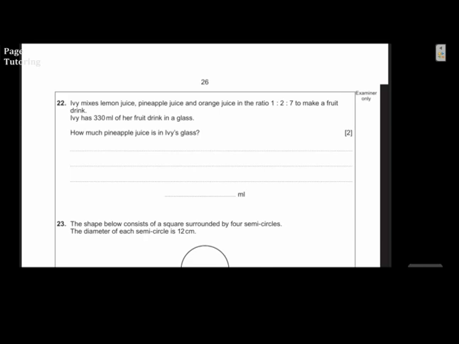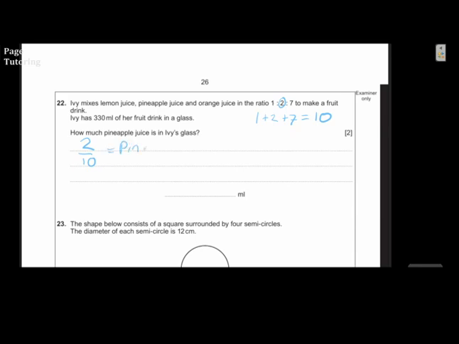Well, because we're doing ratios, the parts of the drink are split up into 1, 2, and 7. So the total number of parts would be 1 plus 2 plus 7, which is 10. So out of those 10 parts, we know that 2 of them would be pineapple.